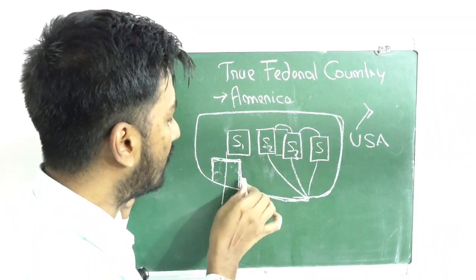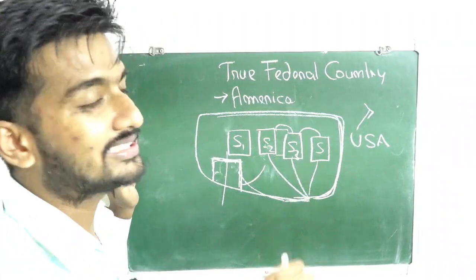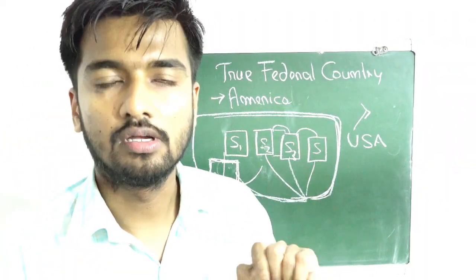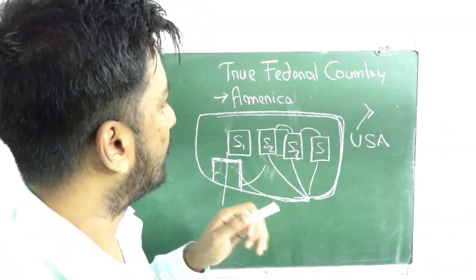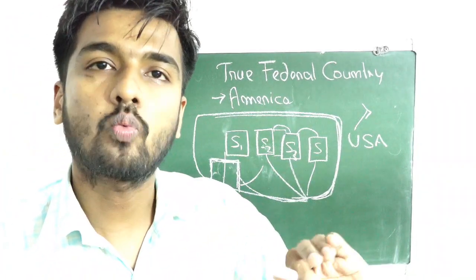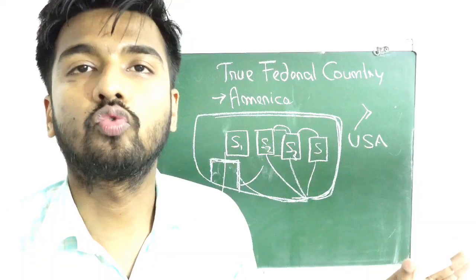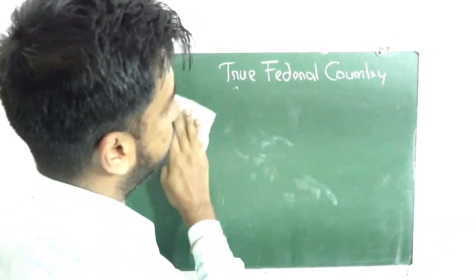They have agreed to be a part of this country which is known as the United States of America. Now, what is the difference in India? This is known as a true federal country. India is known as quasi-federal. It is not a true federal, it is a half federal. Now, what happened?